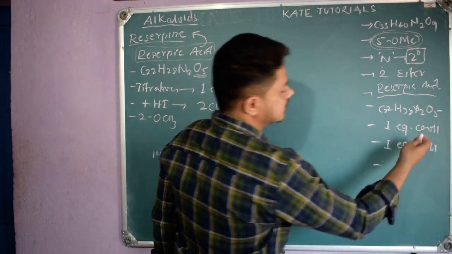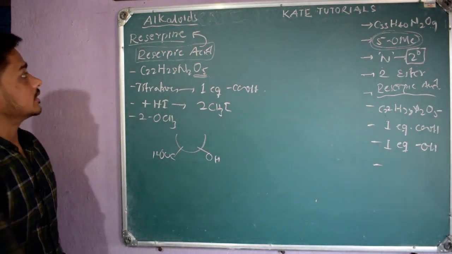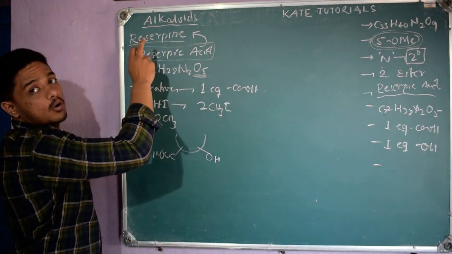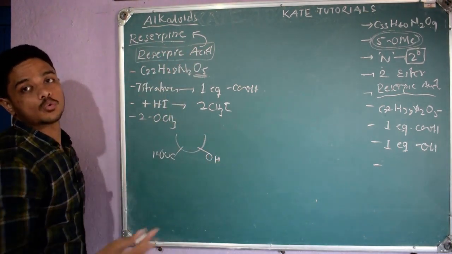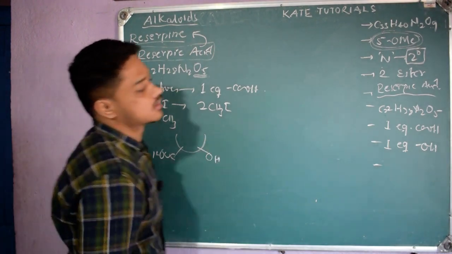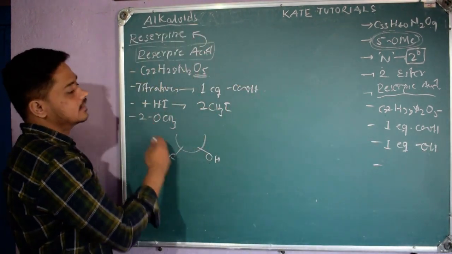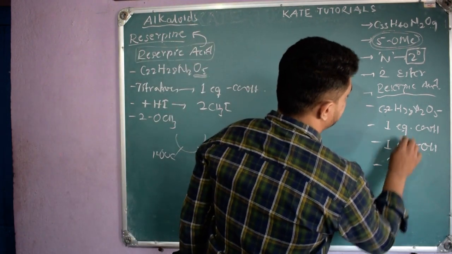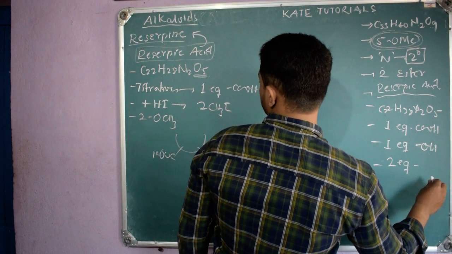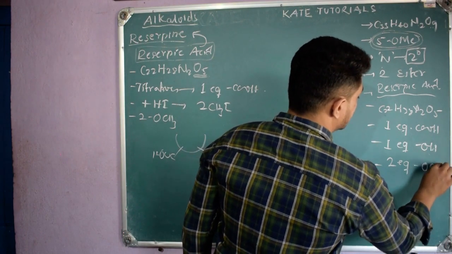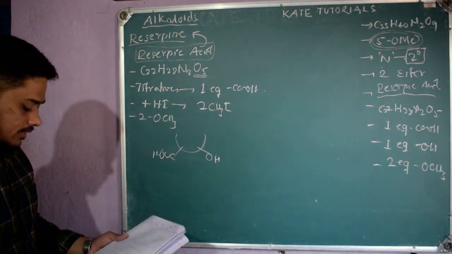We have seen this because of acid-base hydrolysis: since Reserpine is in ester form, when we do hydrolysis, we get Reserpic acid along with two products. So it has COOH and OH, one equivalent each. And from the HI reaction, we found that Reserpic acid has two equivalents of OCH3 group. These were the conclusions they came up with.